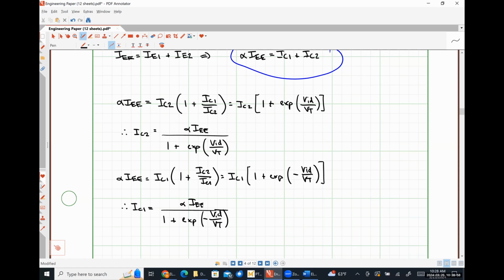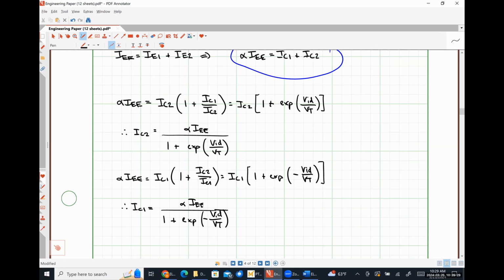So alpha IEE over 2. So a little bit less than exactly half of our tail current. Very similarly, we would see that IC1 comes out to be literally the exact same thing. So when our input differential mode voltage is 0, both transistors carry the exact same amount of current. So the math here matches up exactly as to what we would expect based on our qualitative analysis earlier, okay?